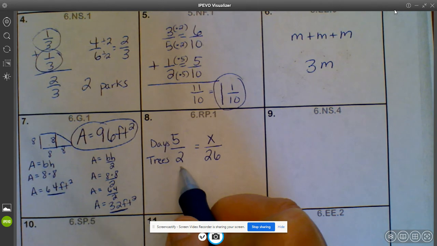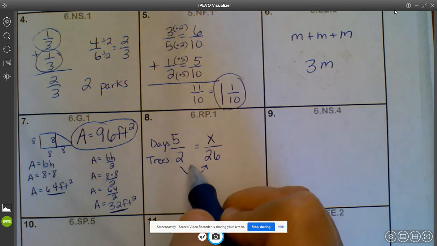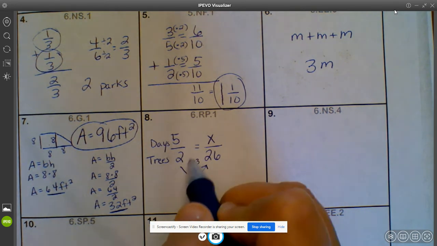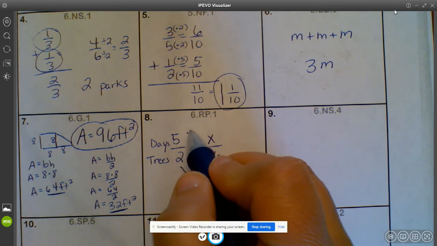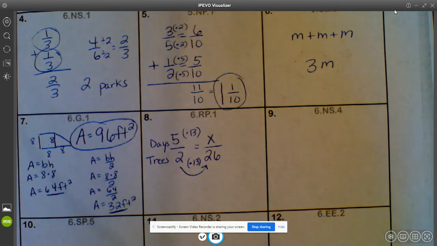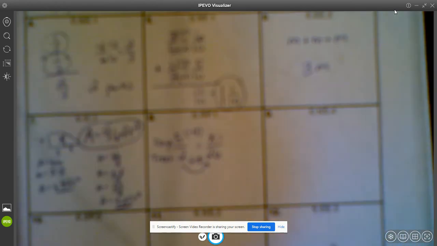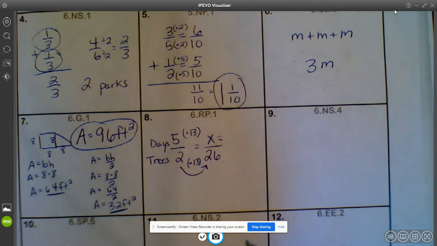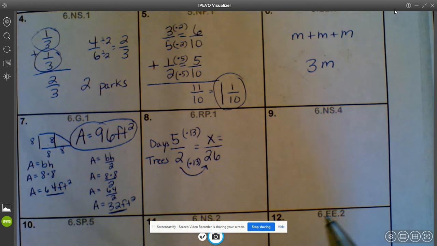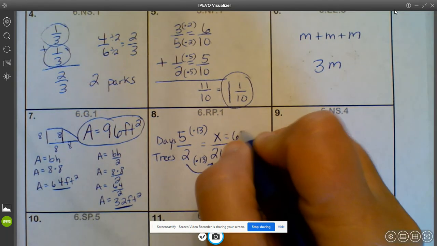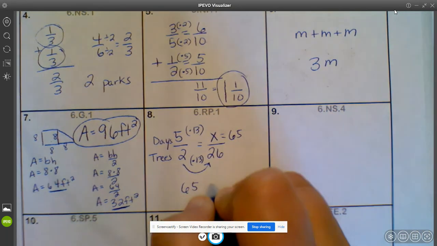So I'm going to ask myself, what did I do to 2 to get to 26? Well, I multiplied by 13. So I'm going to multiply by 13 at the top. And that would give me 5 times 13, which is 65. So 65 days.